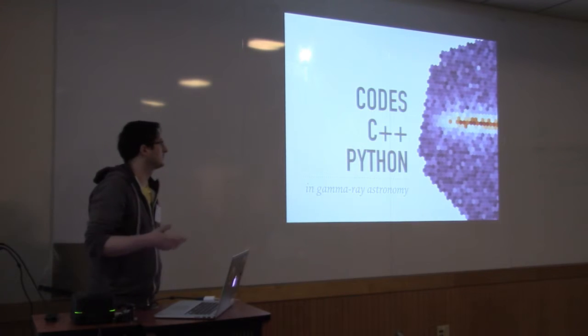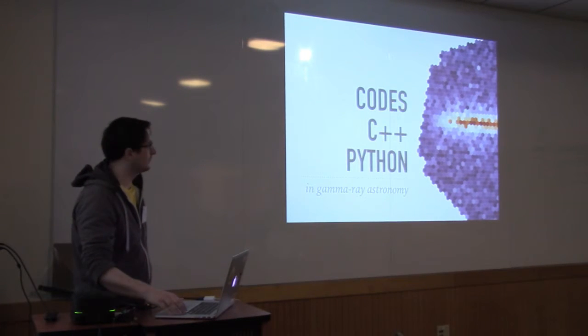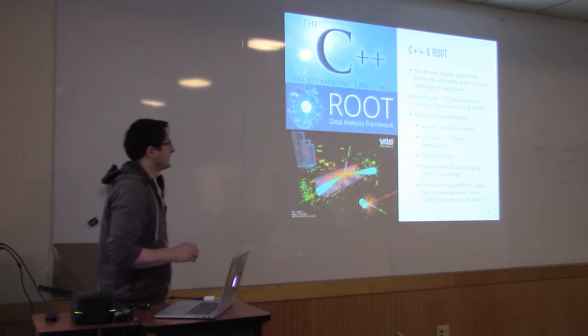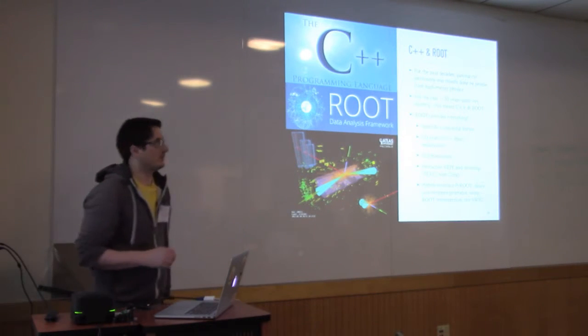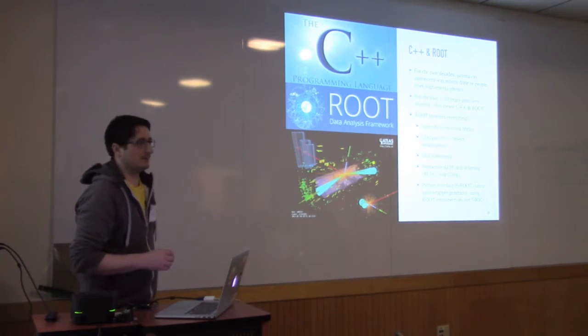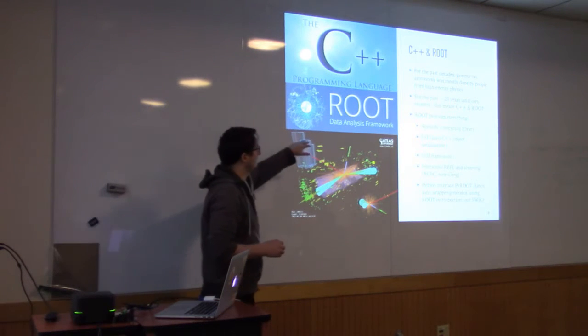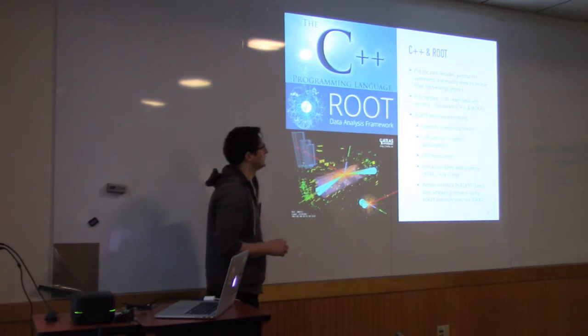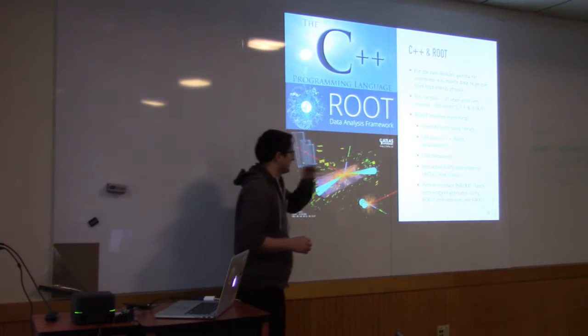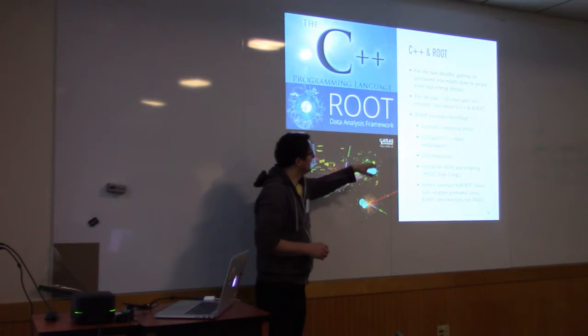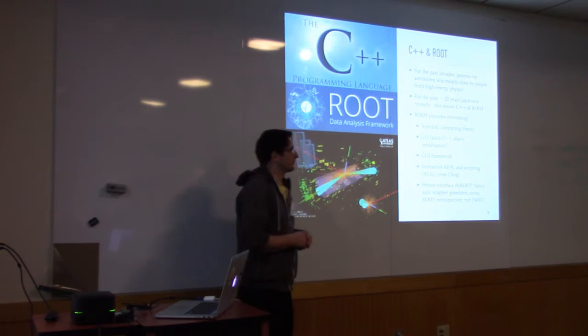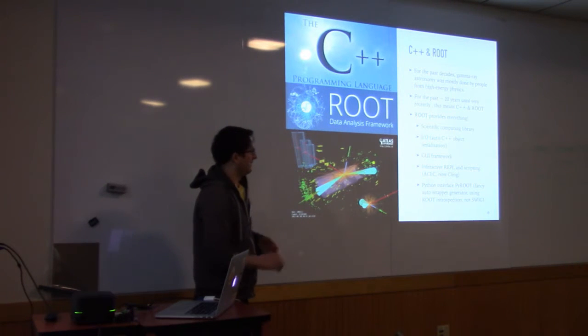Now, coming to codes and Python and gamma ray astronomy. Traditionally, for the past decades, gamma ray astronomy has been mostly done by people from high energy physics. And this meant this huge C++ package called ROOT. It provides everything, like a scientific computing library. It does I/O for C++ objects automatically.